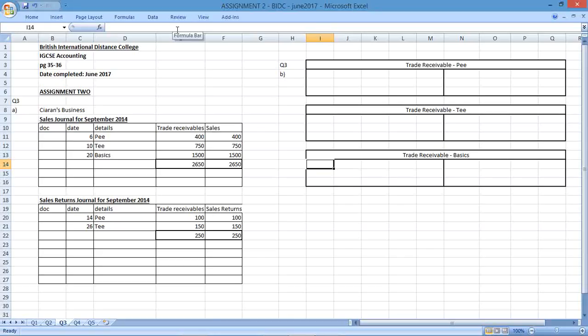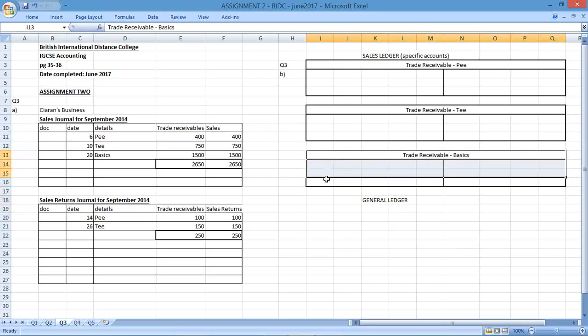Then they also want the nominal general ledger. Okay, so this would obviously have come from the sales ledger, so brackets specific accounts. Okay, for each and every one of those receivables, or debtors, and then you'll have a general ledger. And the general ledger is going to have 2 accounts.